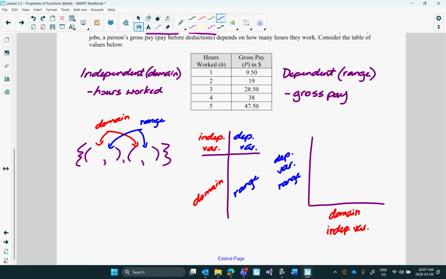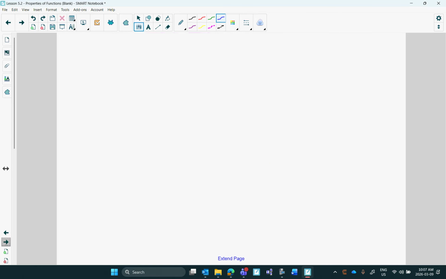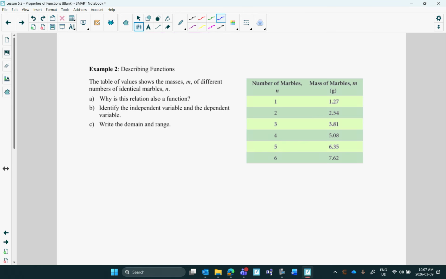So for the next example, we see that we've got a relation in a table where the first set of elements is the number of marbles, and the second set is their mass.